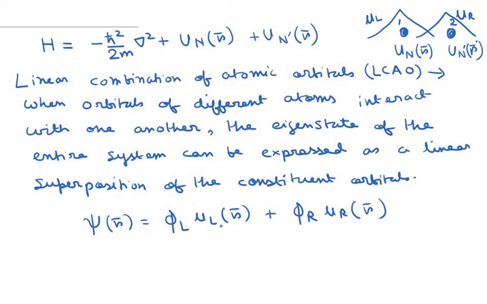Now, because these two atoms are the same, the eigenstates of the isolated atoms are also the same. The only thing is that their spatial dependence is different because they are separated in space by some distance. Other than that, the shape or the form of the orbital is basically the same.